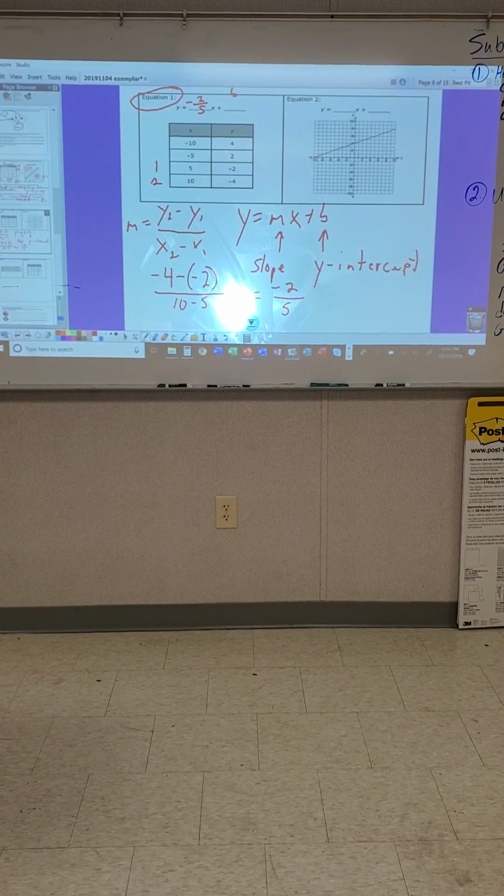So let's take a look right here in the middle. Since we're done with slope, I'm going to erase point 1, point 2, because I want to show you something.